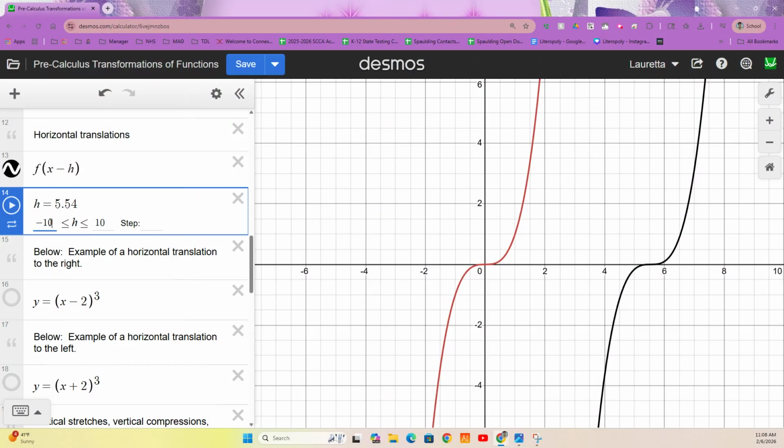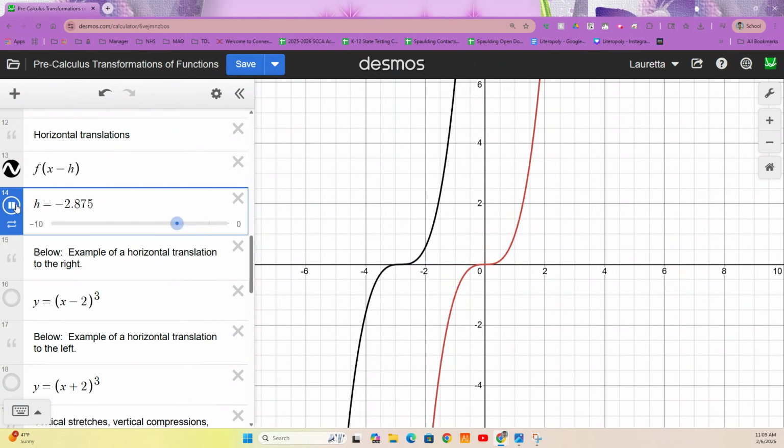Then, if h is negative, you have a horizontal translation to the left of the parent function.